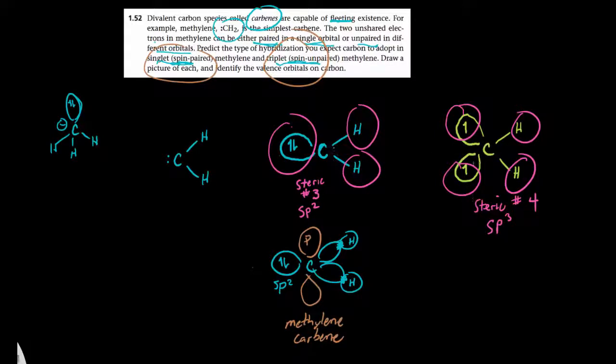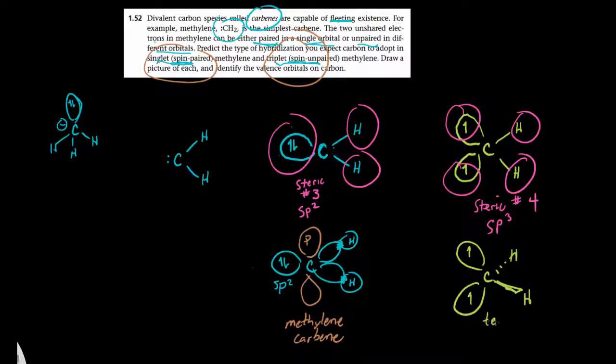So if we want to draw, again, if you're thinking about the geometry, these two sp3 orbitals with the unpaired electrons, let's say they're in the plane of the board. That means that this hydrogen and that hydrogen are coming out and going back into the board so that we have a tetrahedral geometry.